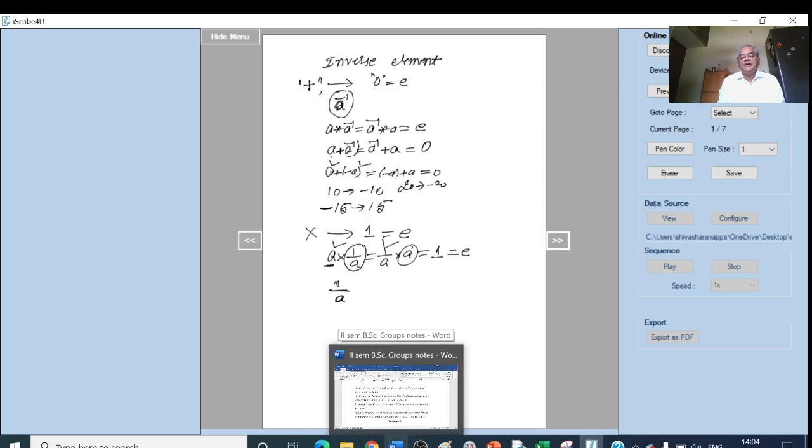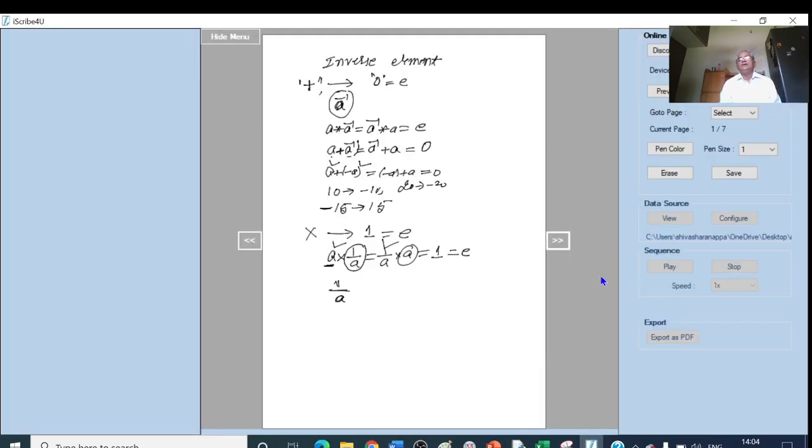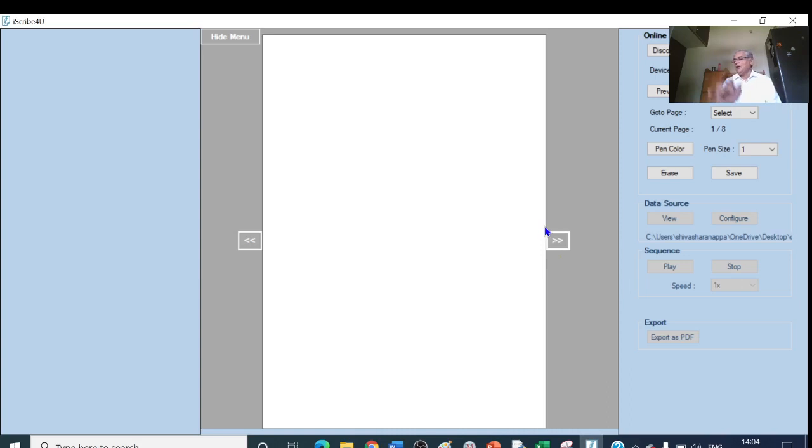Next we go for defining another one, commutative law. So what is the commutative law?